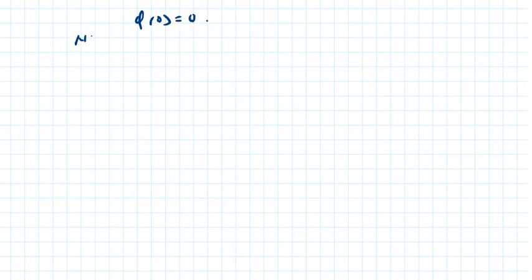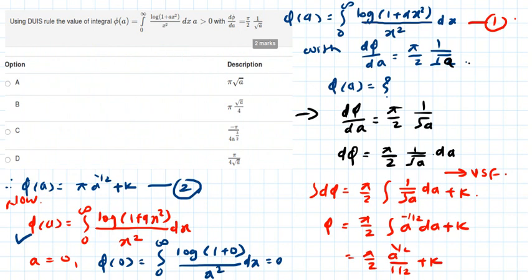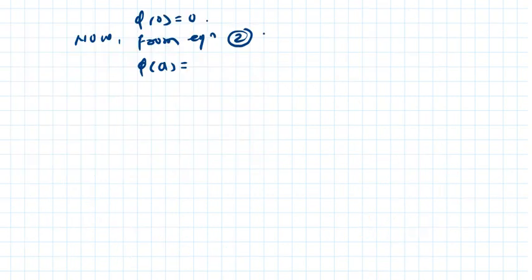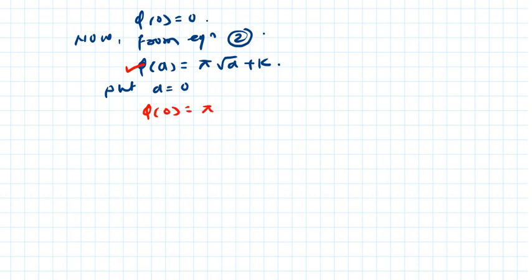Okay, now from equation 2, what is equation 2? Phi of a is equal to pi into root a plus k. If we put here a equal to 0, then this term will become phi of 0 equal to pi into 0 plus k.